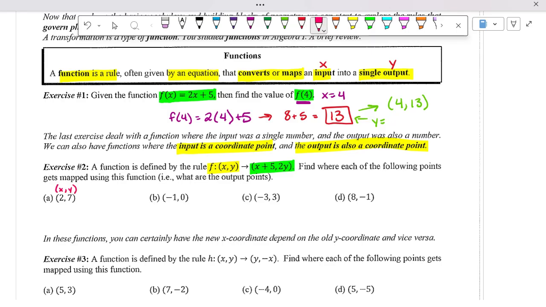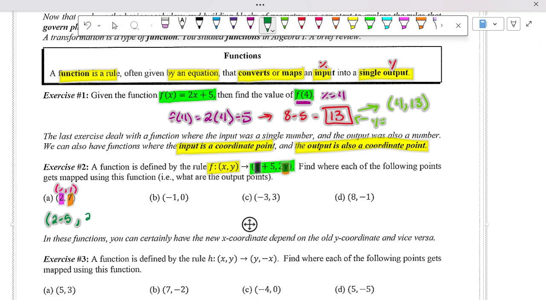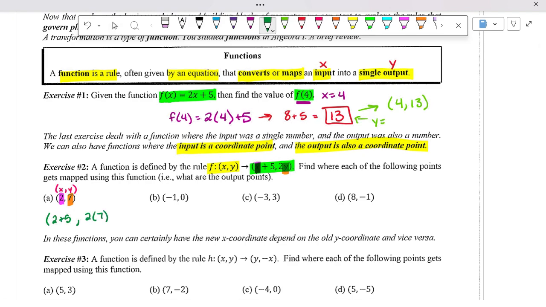So what I'm going to do is plug this number in for this x and this number in for this y and evaluate it to get the new point. What this would look like is 2 plus 5, because it was x plus 5. That's our first coordinate. And then 2 times 7, because it was 2y.